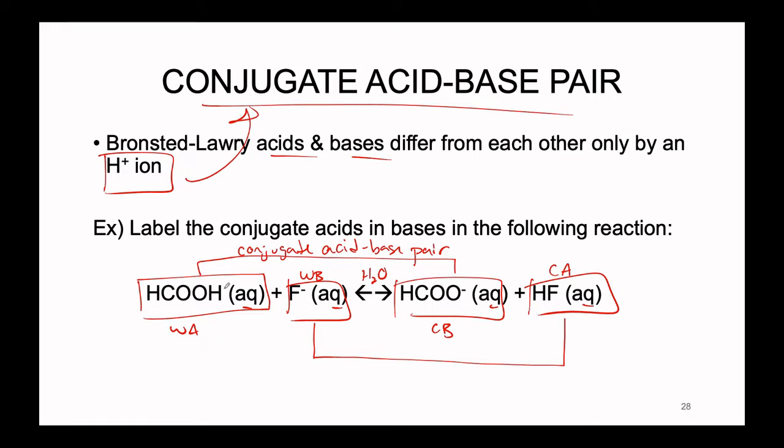So the weak acid and the weak base could hypothetically be pulling or donating the hydrogen into solution, like into the solvent, or they could be donating it directly to each other, right? So this weak base could be pulling the hydrogen directly off of the weak acid, which is the nature of an acid and a base interacting together. We have the swapping of the H plus from one to the other, which is exactly what leads to the products that we see as a result.